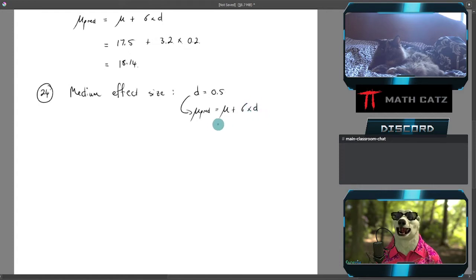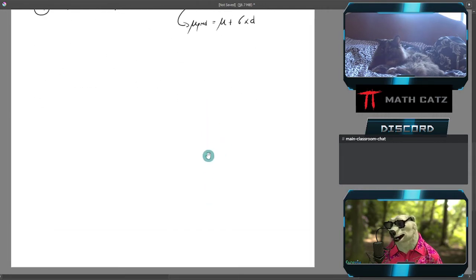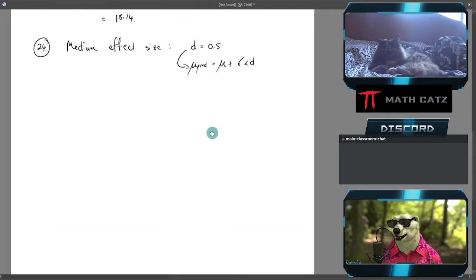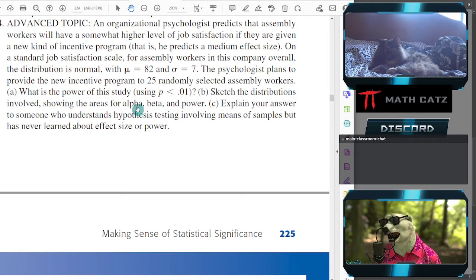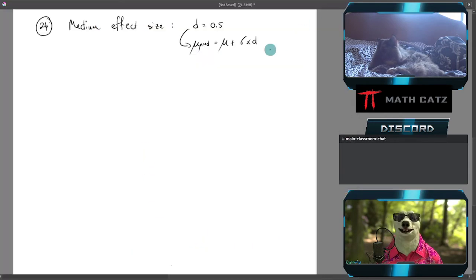I'm just thinking about my spacing here. I need two diagrams here, so I think we'll be okay. So my mu is 82, sigma 7. So I have 82 plus 7 times 0.5.